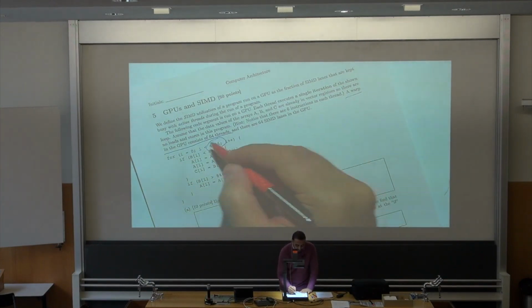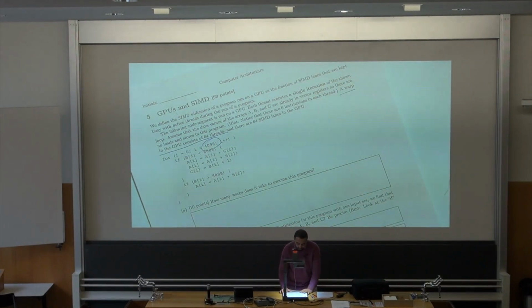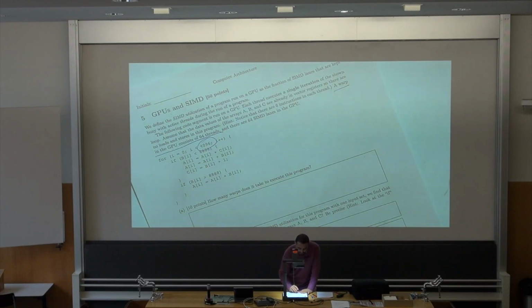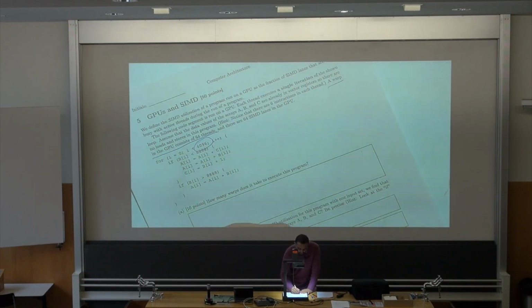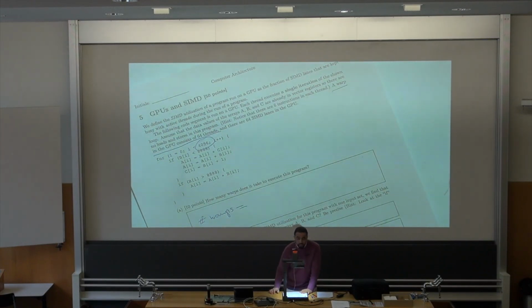So you have this many iterations, then the number of warps basically equals the total number of threads you need to execute this program in parallel over the capacity that a warp provides you, which is the number of threads per warp.